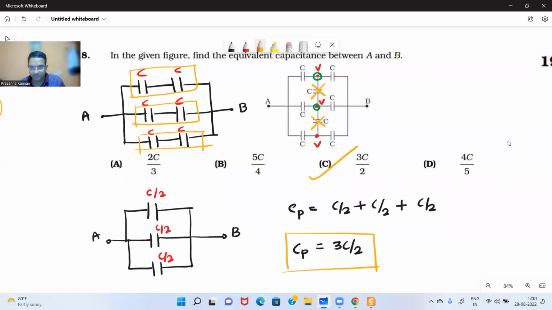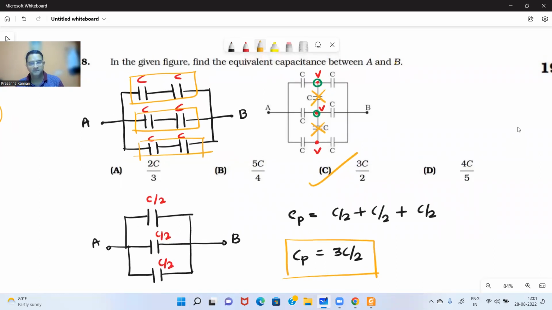You understood how to solve such questions? Yes, sir. So what is the key thing to do in understanding this question? If you draw a vertical line in the middle, both sides are exactly identical. They are mirror images of one another, correct? In that case, at each of those points, the potential will be the same. Because the potentials are the same, no charge will be stored in the middle capacitors, so those can be removed from the circuit.